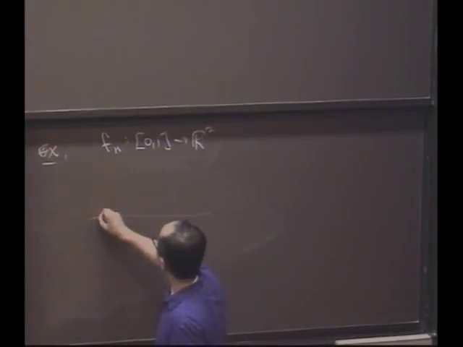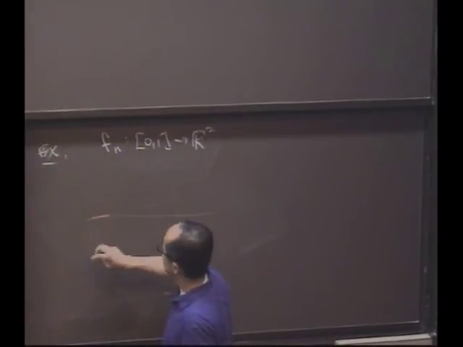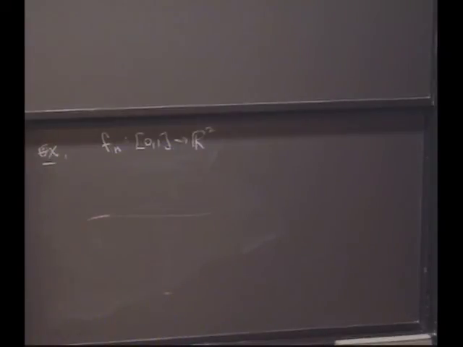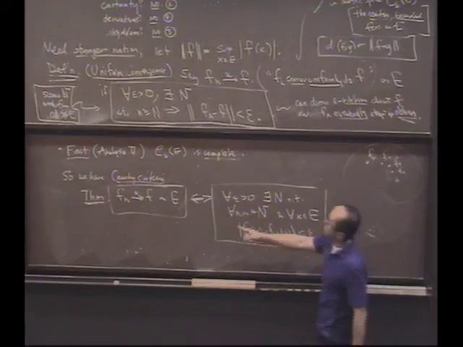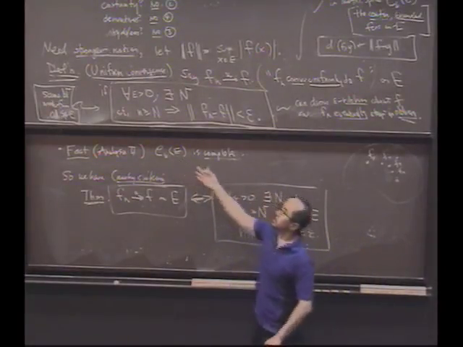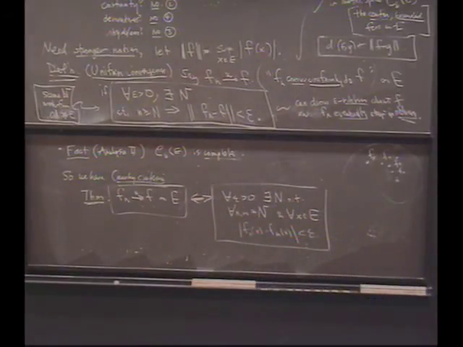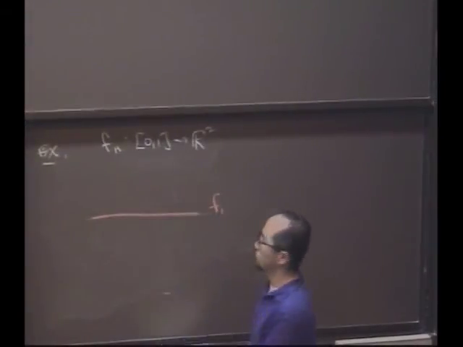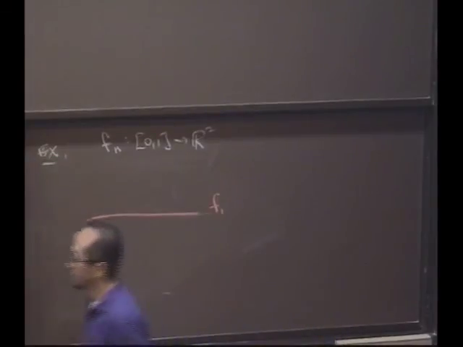Here's one path. I didn't say what the image of this sequence is, but it's true even when the image is not the real line, but in Rn. So that's what this example is. Here's the first path, let's make that f1.